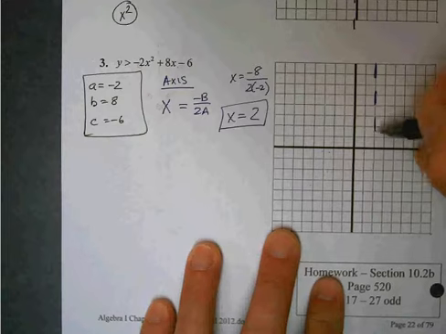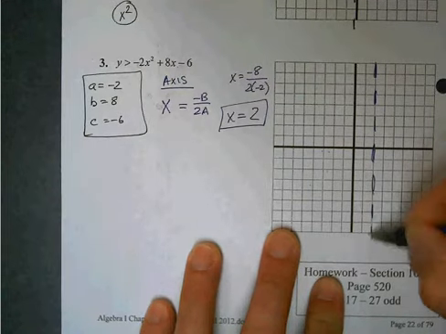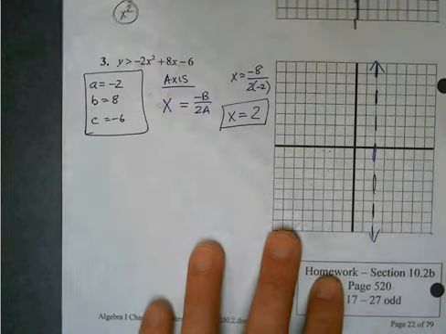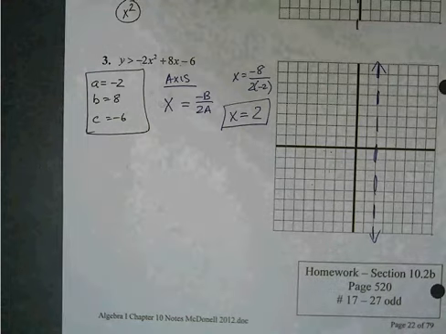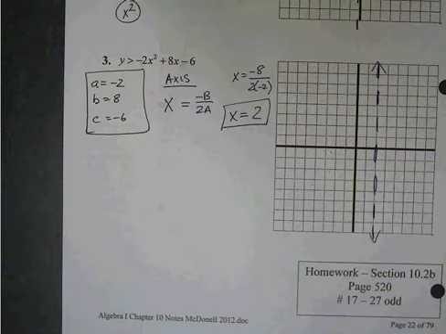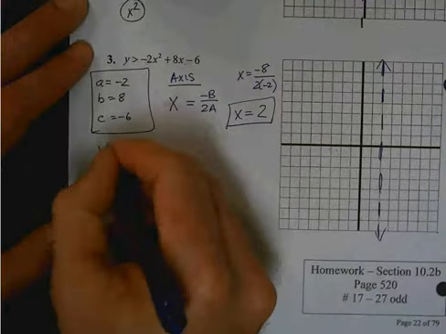Nice big dotted line. And what is on that dotted line? You talked about it before. What's that spot called at the bottom of the parabola? The vertex. All right, so let's find the vertex.